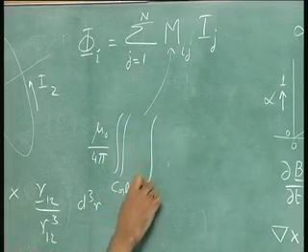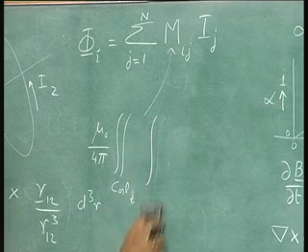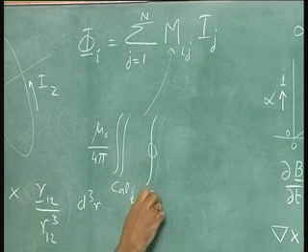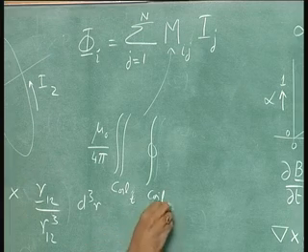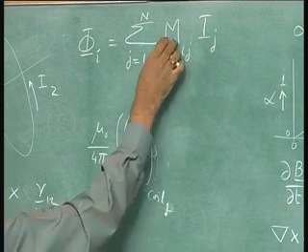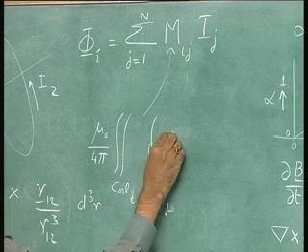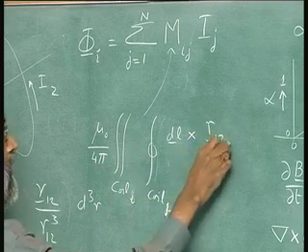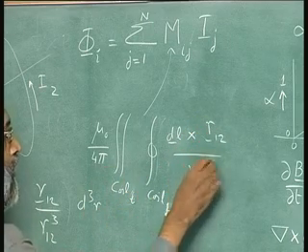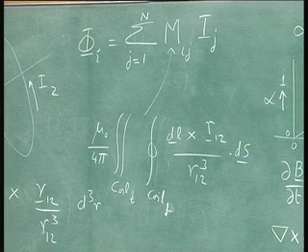So, it will be another loop integral over coil 2 or coil j, then there is unity current. So, that does not matter, but there is a dl cross R12 over R12 cubed, and then dot ds. That is what it is.